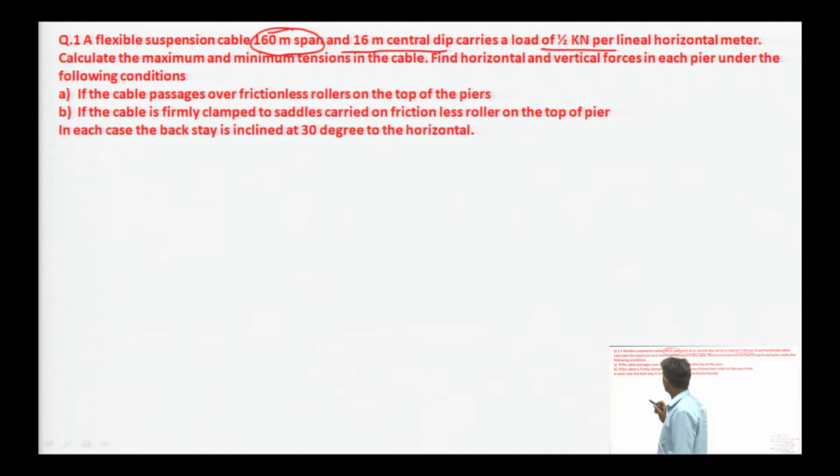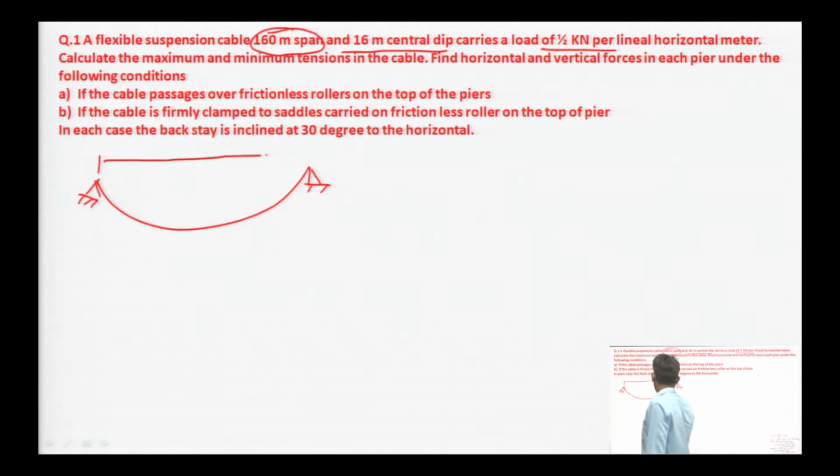Means we have a cable which has supports A and B at L equal to 160 meter, and both are at the same elevation. Calculate the maximum and minimum tension in the cable.